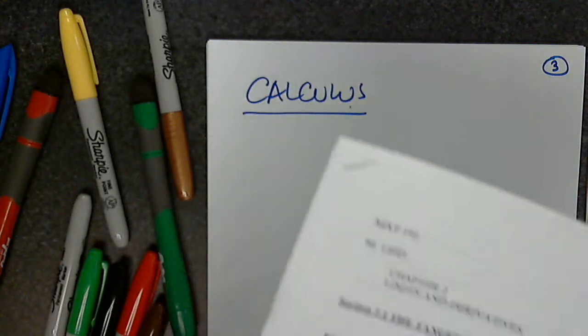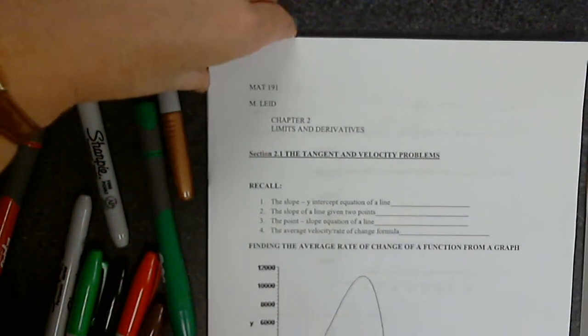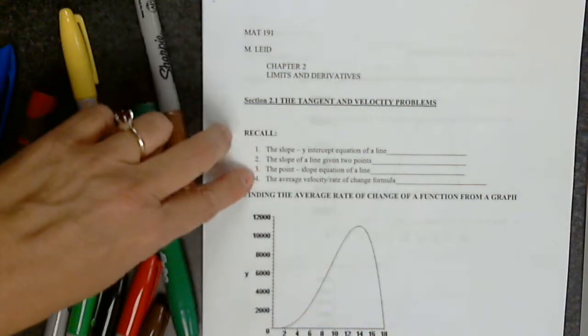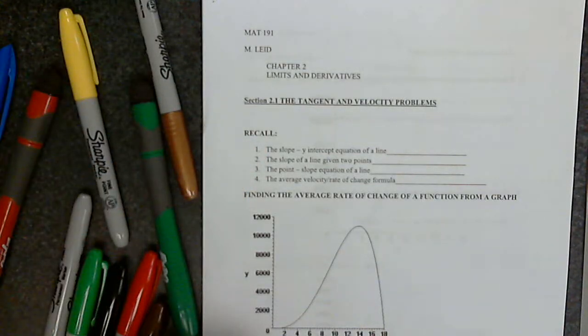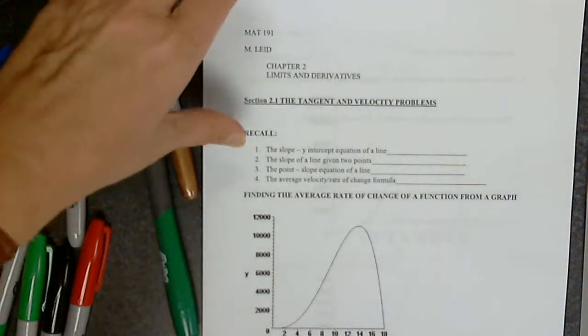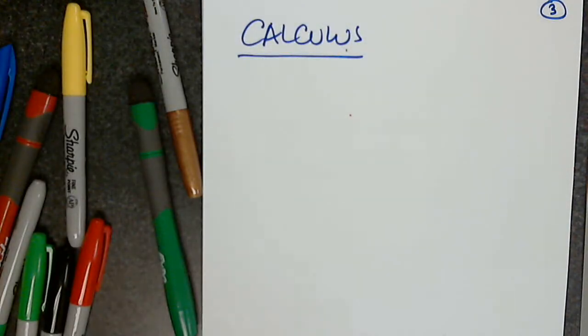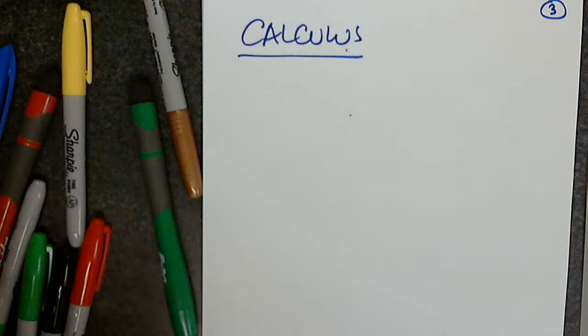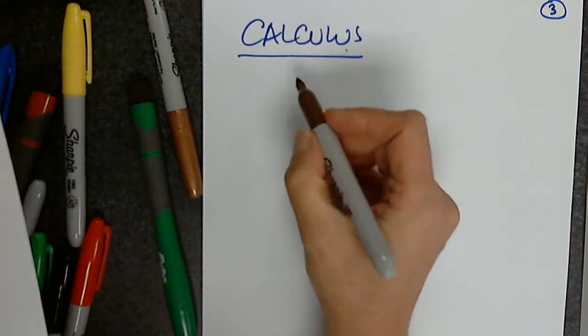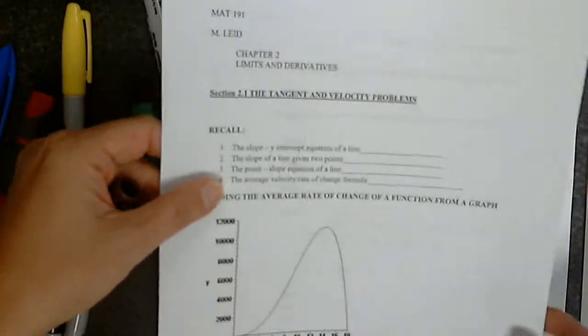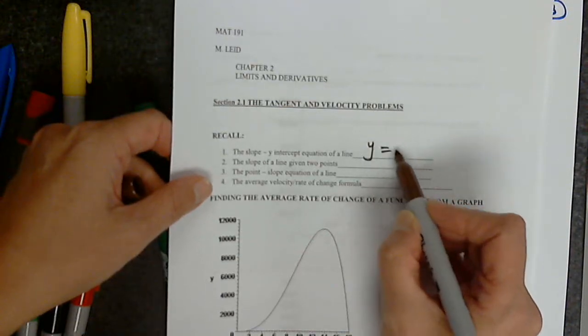Okay, now I would like to start with our handout. And let's recall a few pieces of information that we need for our class today. So the slope y-intercept equation of a line. What is it? Very good, excellent, thank you.